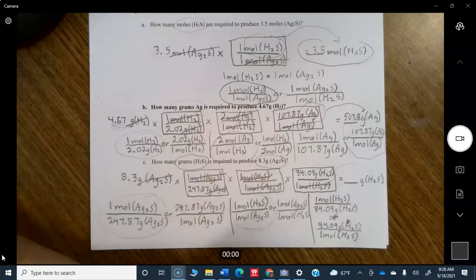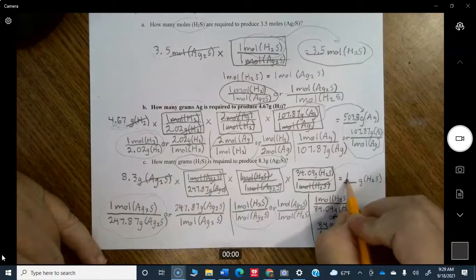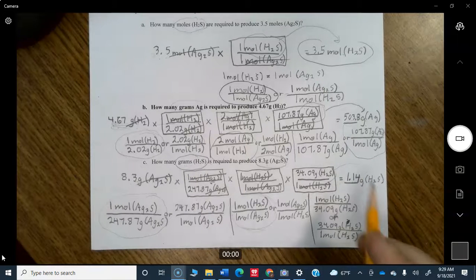Okay, so now what you can do is multiply everything on the top, 8.3 times 1 times 1 times 34.09, divided by, you don't even have to hit the equal sign, 247.87 divided by 1, and that gives us 1.14. Should be two significant figures, so 1.1, but I'll go ahead and put this so you can just confirm that you got the right number. Okay, all right, so that's your answer for that.